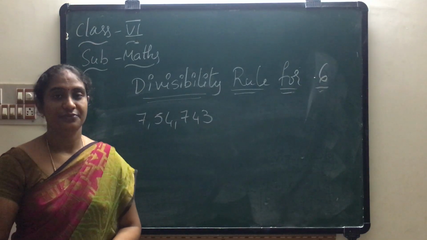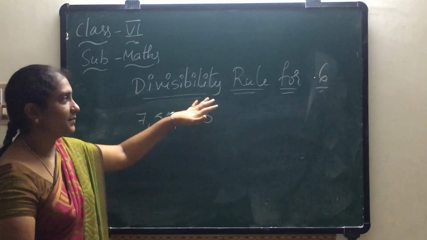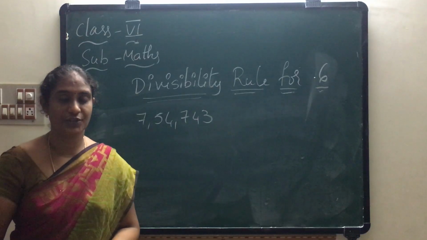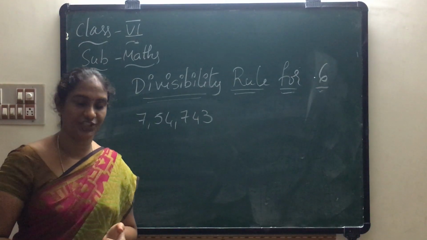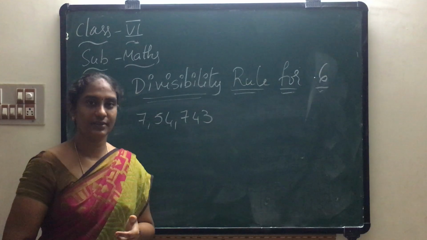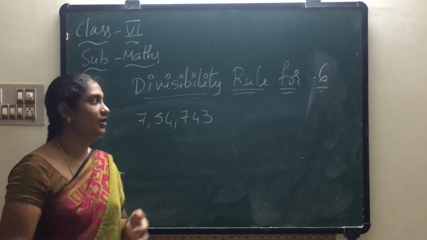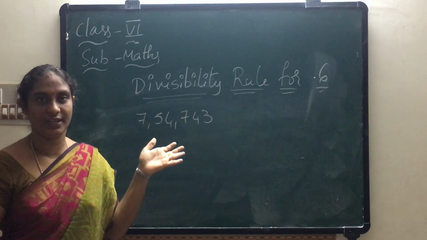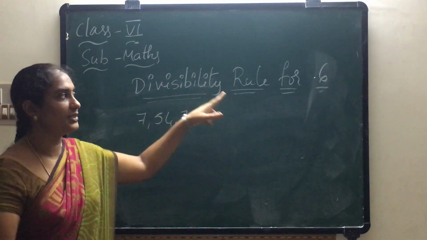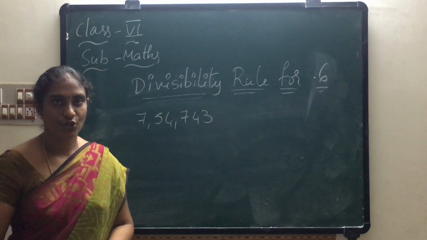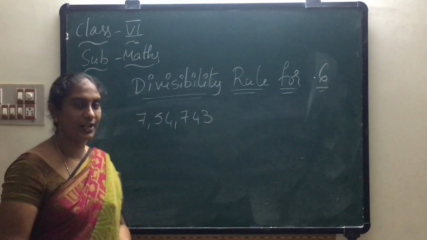For it to be divisible by 6, first we have to check the 2 table and 3 table. If it is divisible by 2 and 3, then only the total number is also divisible by 6. Okay. Now first check with the 2 table.